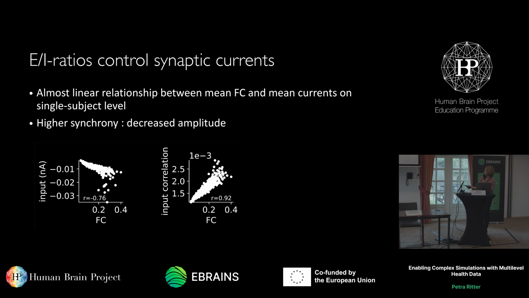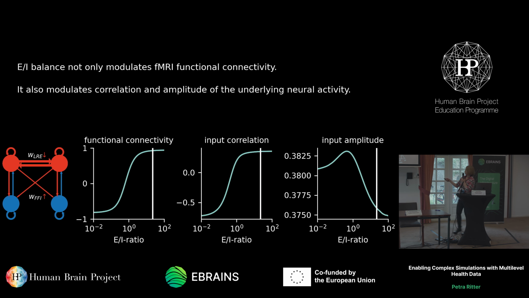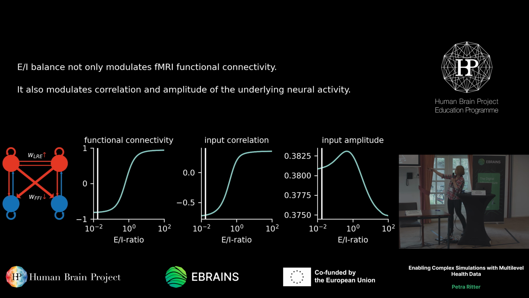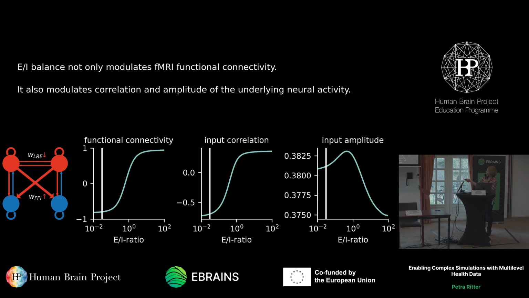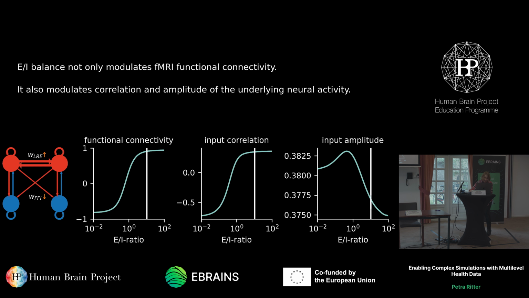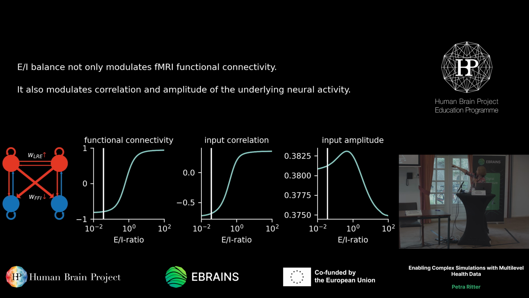So now what we actually found was that when we tune the excitation inhibition balance, the long range excitation versus feed-forward long range inhibition, we not only tune the functional connectivity, but also the input correlation that goes into each individual brain region of the synaptic activity and the input amplitude. So there's a maximum and then it falls off again.